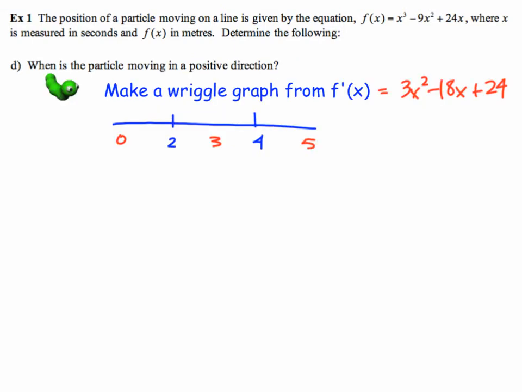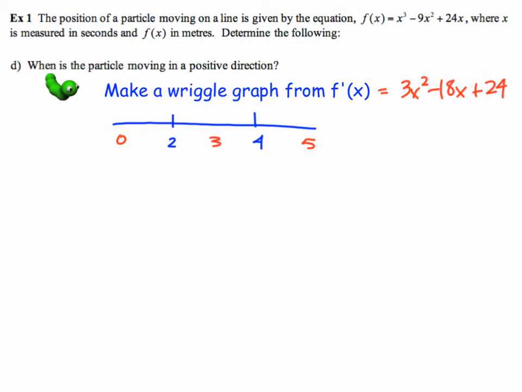The next question asks, when is the particle moving in a positive direction? Well, I know I have my zeros at 2 and 4 seconds. So from my wriggle graph, I've chosen numbers on either side: 0, 3, and 5.